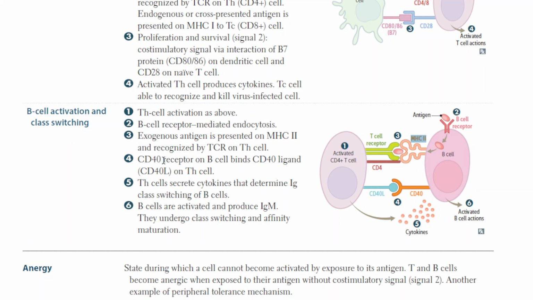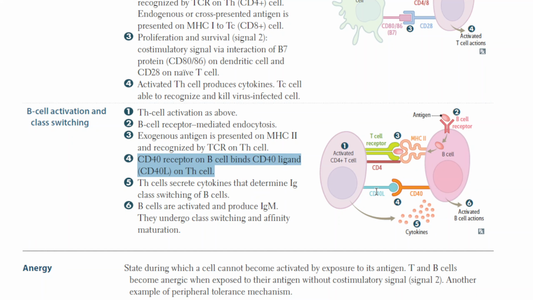The CD40 receptor on B cells binds to CD40 ligand, CD40L, on the Th cells. This is very high yield. I have seen this in questions. I don't remember exactly how the question was, but it's asking you about this kind of receptor.